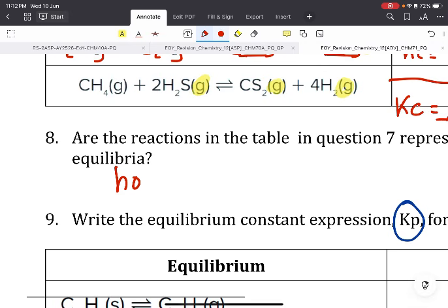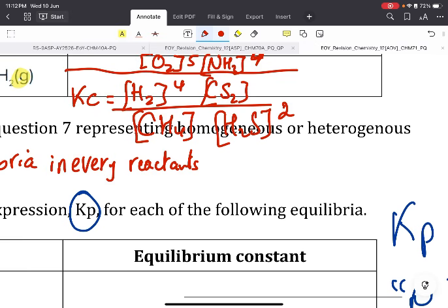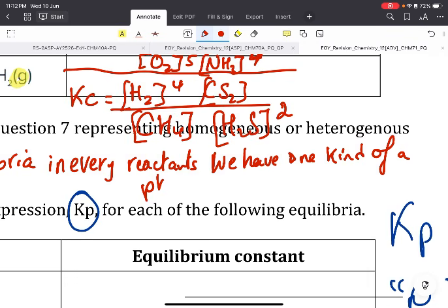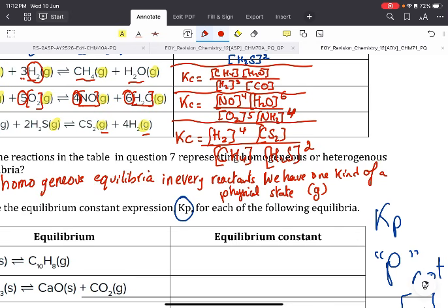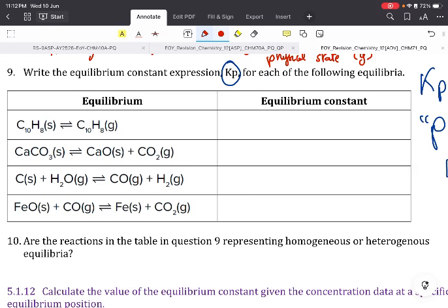As I mentioned, they are representing homogeneous equilibria, because in every equation, in every reaction, we have one kind of physical state, which is the gas placed in brackets, the one I highlighted in yellow. Now, let's move on to the next question, where they ask us to write Kp.